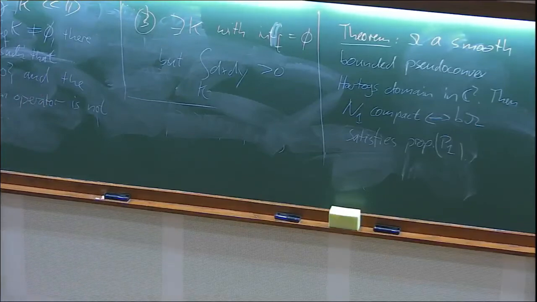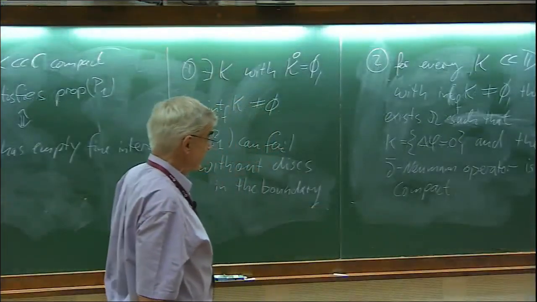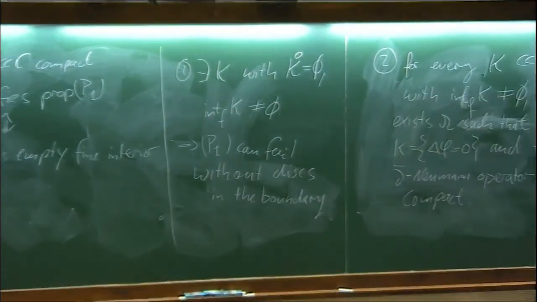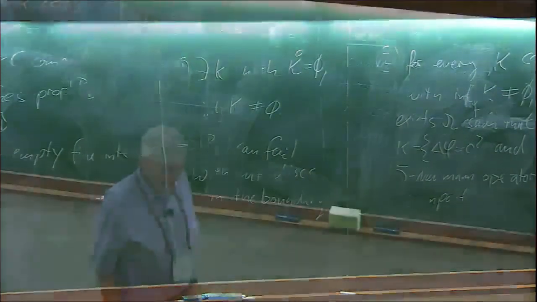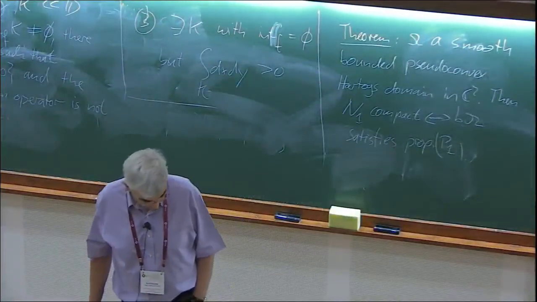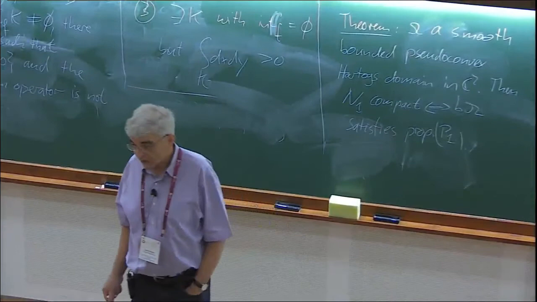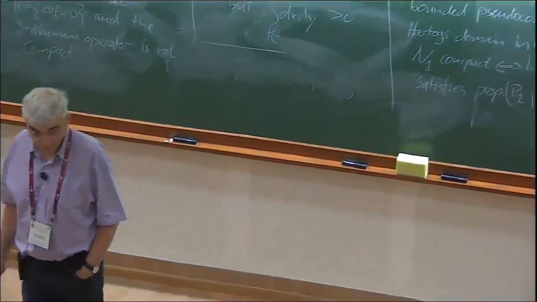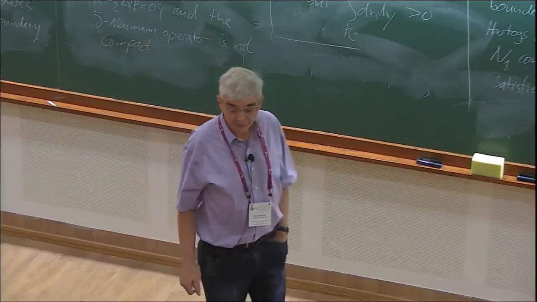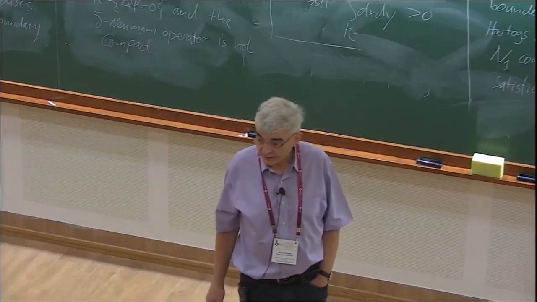Well, now let's come back to disks in the boundary. They are really a really obvious obstruction to property P1, right? And so the question is, are they always an obstruction to compactness of N1? In general, this is open, somewhat surprisingly.